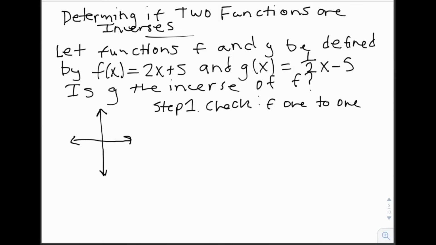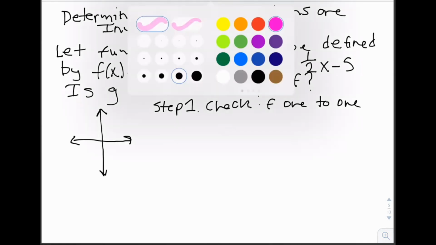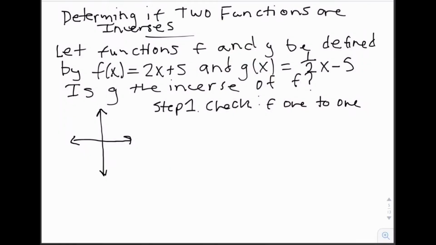So we're looking at f of x equal to 2x plus 5, and we want to see if we can find some sort of inverse, or g of x equal to 1/2 x minus 5. So if we graph 2x plus 5, we will have some sort of line that looks like this.